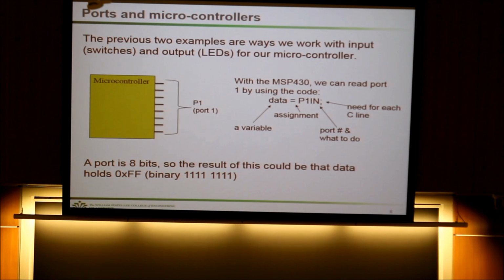And of course, in C, you need the semicolon at the end. So since a port, in our case, is 8 bits, the result of this could be data that holds 0000 0000 through 1111 1111. In other words, there's going to be how many different combinations? 2 to the 8th, which is 256, right?